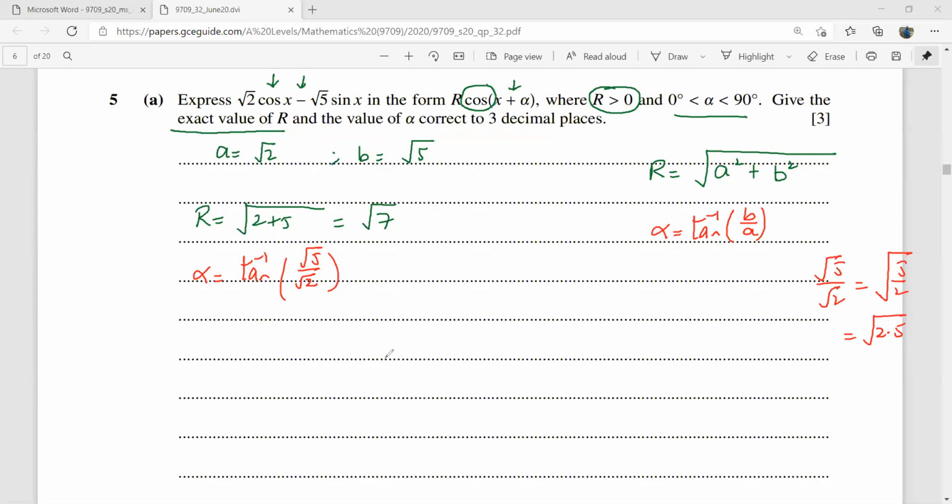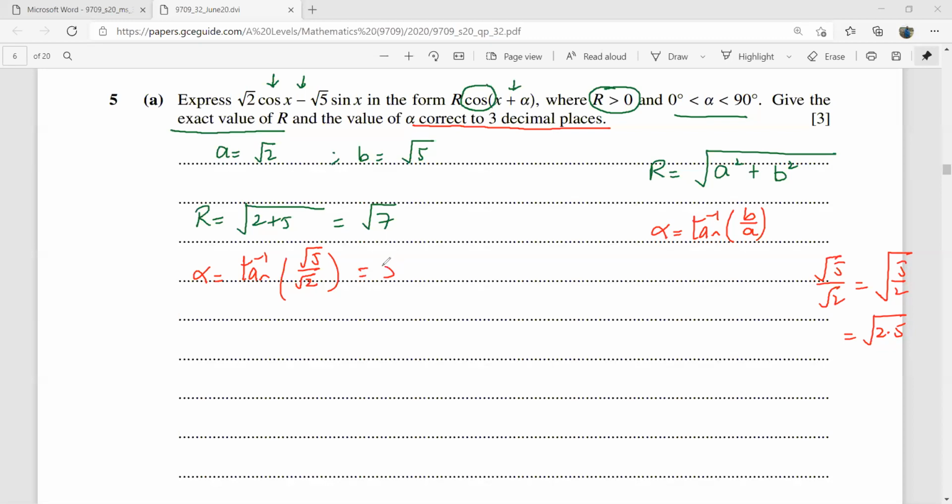So can you please tell me, I have the calculator here. For the tan inverse, we have to be in degrees mode here. This is shift tan of the square root of 2.5. Okay, so that is 57 point. Now it says we have to give alpha correct to 3 decimal places. So please follow these instructions here.